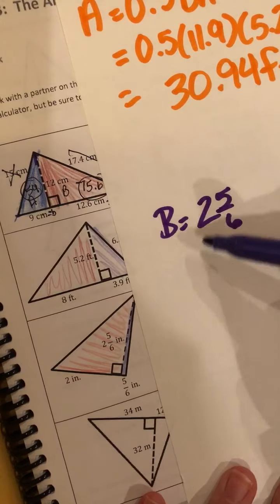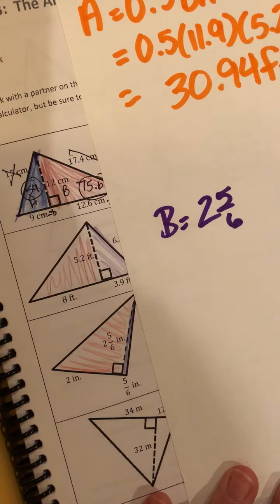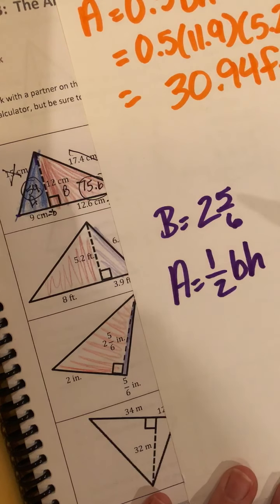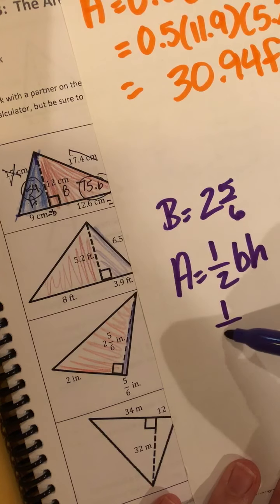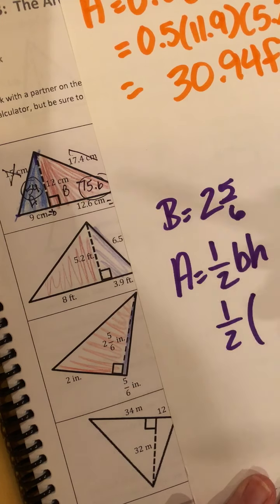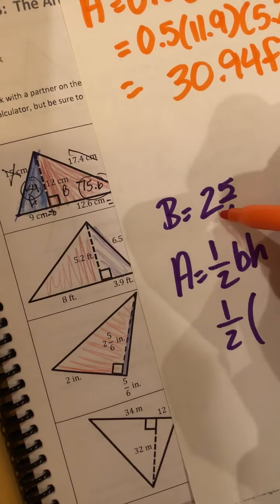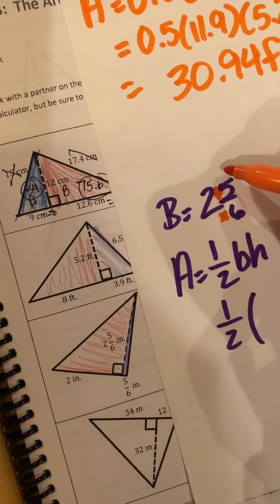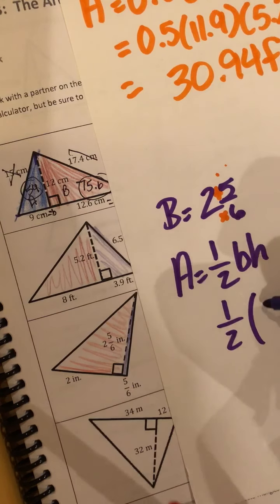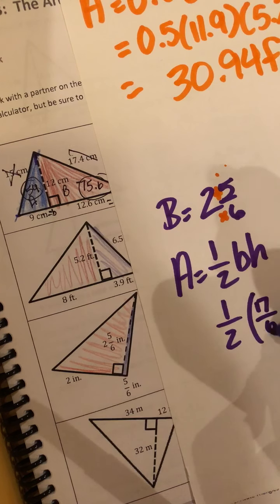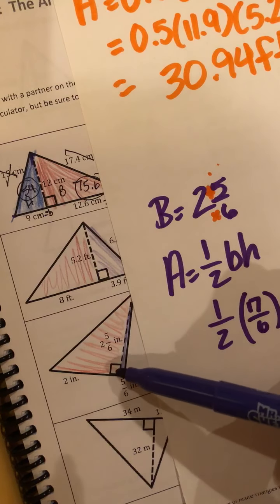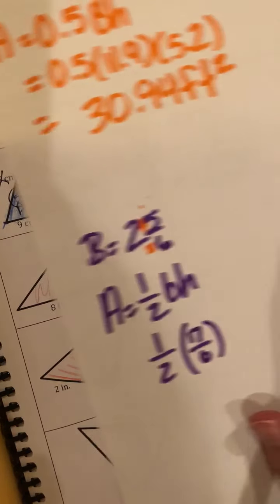Because I'm dealing with fractions, I'm going to use the fraction formula for area of a triangle. So 1/2 times the base is 2 and 5/6, but I need to convert that: 6 times 2 plus 5, that's 17/6. Times 17/6, and the height is, oh, what do you know, 2 and 5/6.